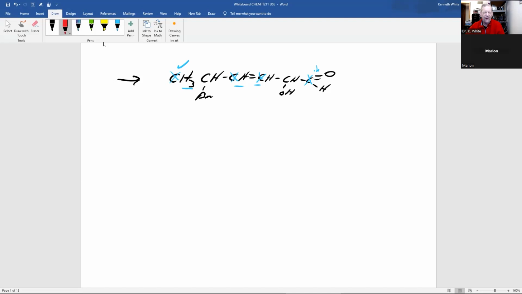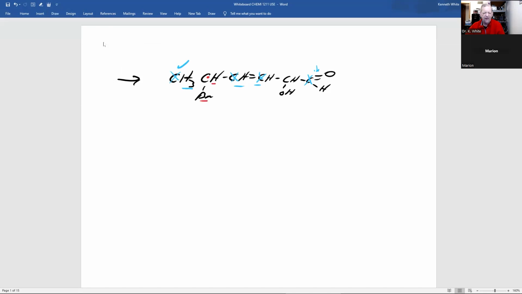And this carbon right here has a hydrogen, bromine, methyl group, and this whole thing I'll call R. And those are 4 different things. So I'd circle that.